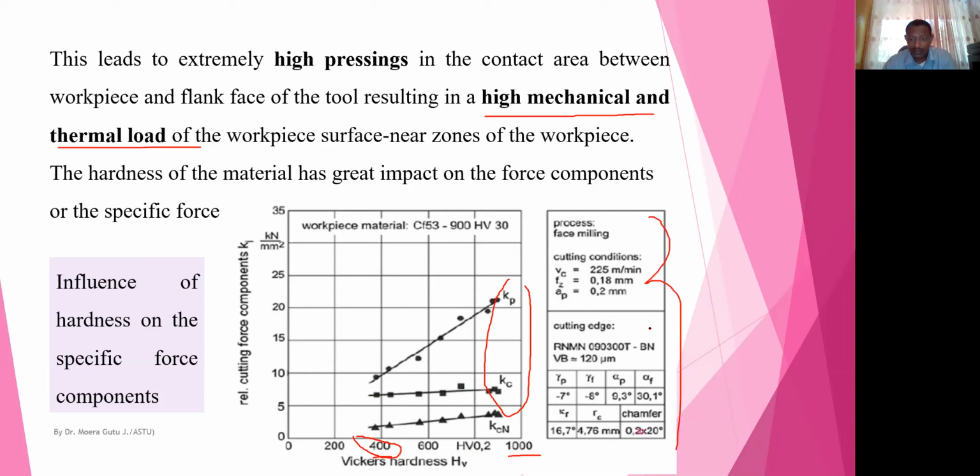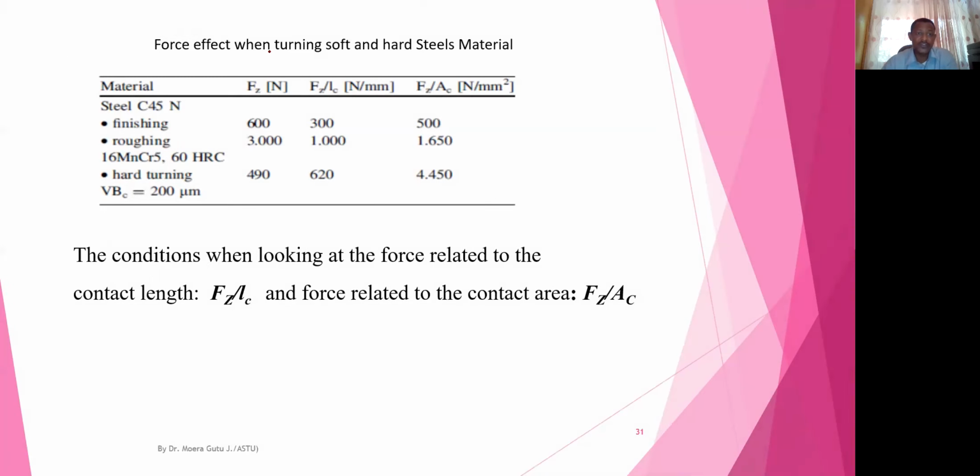So these are the results of the experiment. These are the experiment parameters when they are machining the component: rake angles and other important angles. The Z, the surface finish. The f is feed rate, vc cutting speed, and the obtained surface finish. So the force effect when turning soft and hard steel materials: you will see here a material. This is a force related to the length of the workpiece, Fz to Ac, the area of the machined surface.